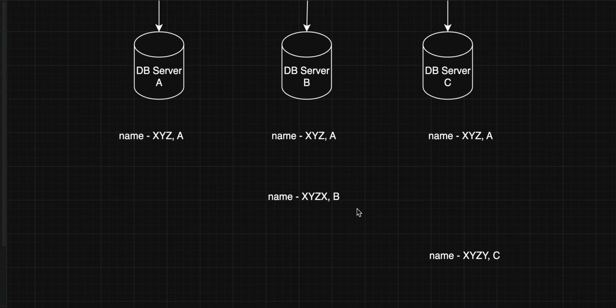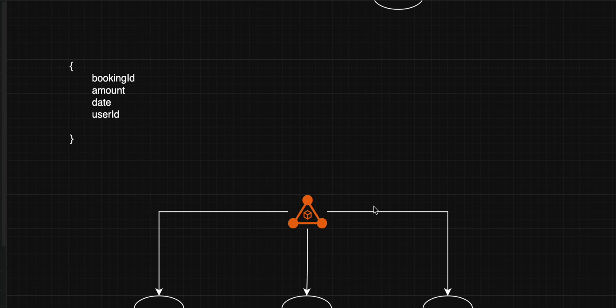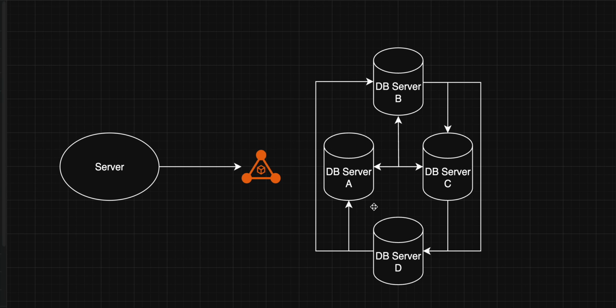If you want to read the updated value, we can read from master. That will always have a consistent value. But we don't have that case here, because we want high availability here. And yeah, so whenever you want to design any system, you have to choose between availability and consistency. So you can decide based on your requirement.